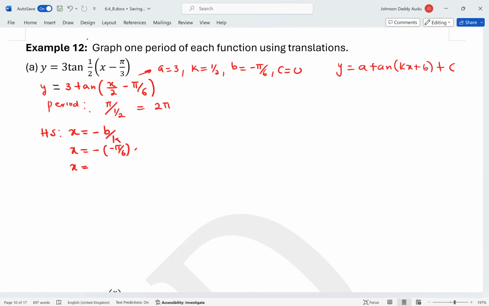But remember, you have to divide by half. So x is going to be pi over 6 divided by half, which is pi over 6 times 2 over 1. So x is pi over 3. This is our horizontal shift.